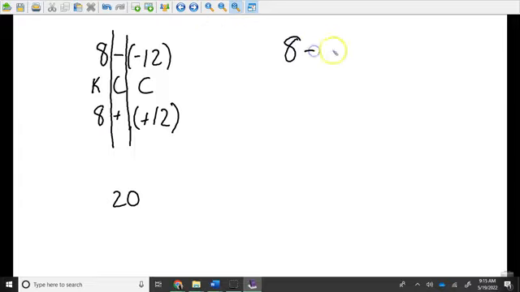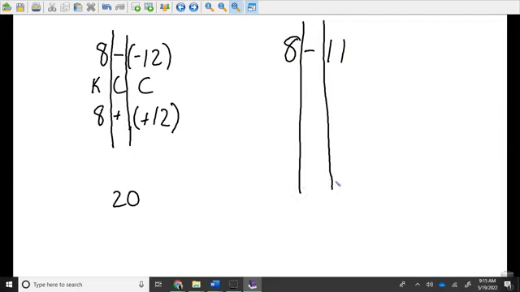Let's do one more. 8 minus 11. So let's separate them. All right. Keep, change, change. I've got 8 because I'm keeping the 8.